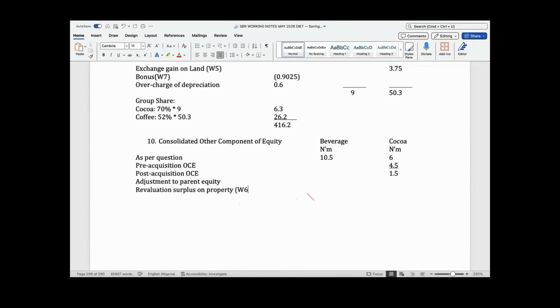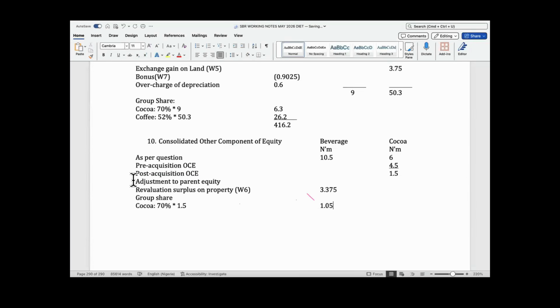Then get the group share. In cocoa, the group is going to get 70% times 1.5. How much is that? 1.05.